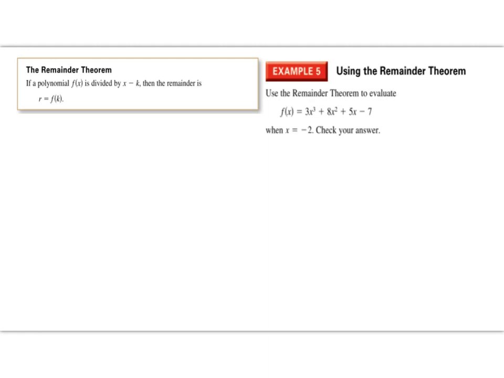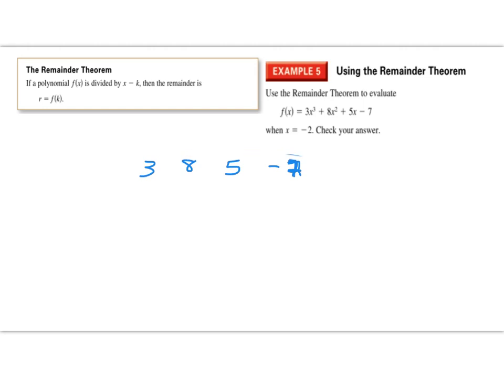And so with the remainder theorem, what we want to do is we want to see if we actually have a remainder. So if I go ahead and do my synthetic division, 7, and, oops, I told you I'd never do this.